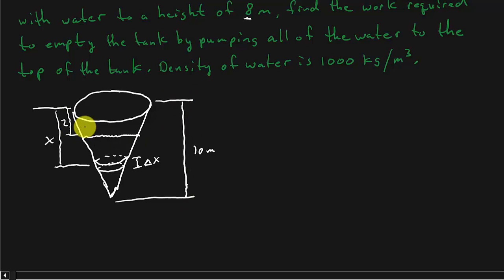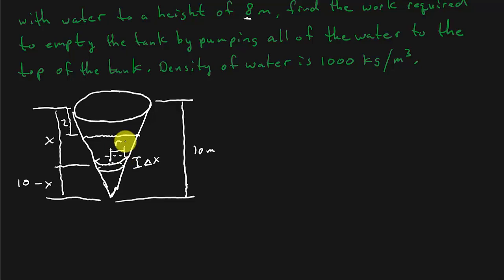And the distance from here to here is 10 minus x, because if the whole thing is 10 and this is x, this is 10 minus x. And this is the radius of that little circular slice that we're taking out.